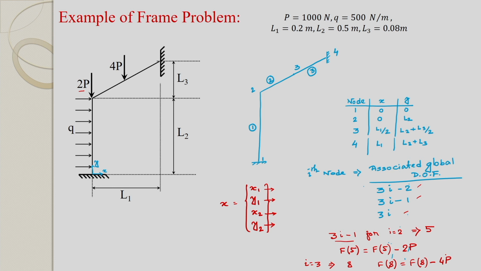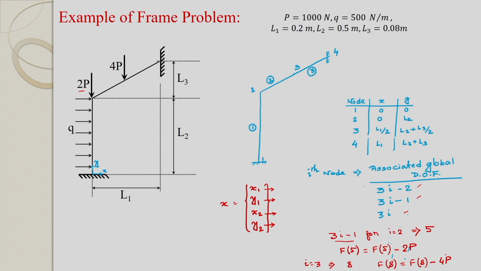If we have point load in inclined direction, then we have to take x and y components and add those components in proper degree of freedom positions of the global load vector.